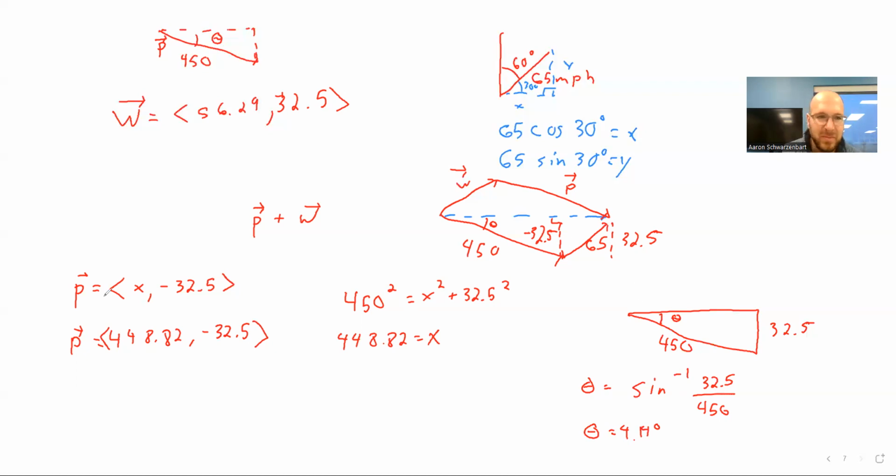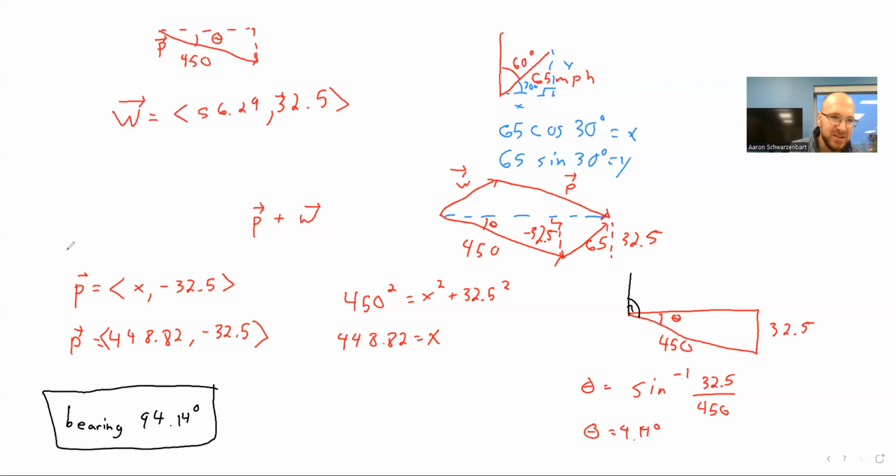So bearing, remember, is measured due north. That's here. So I'm really just going to add 90. The bearing that they're flying at is 94.14 degrees. That's the flight bearing. The actual vector that they're traveling along is now P plus W. And the y's are 0, so I just add the x's.